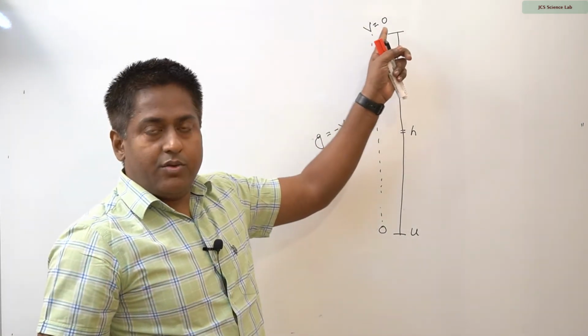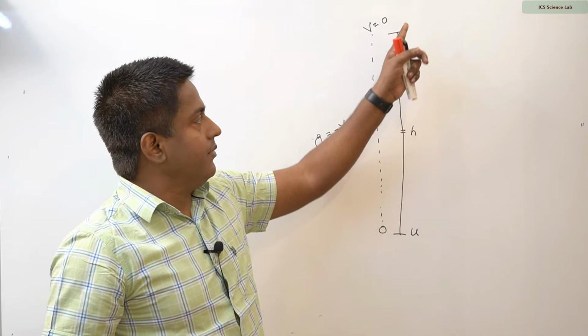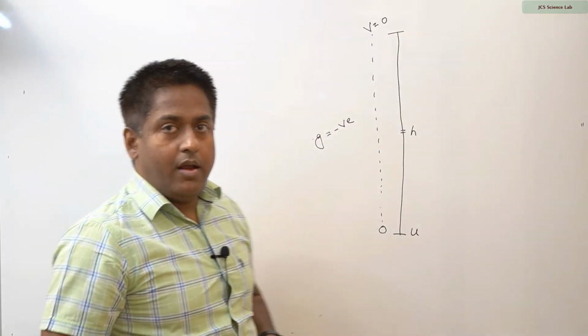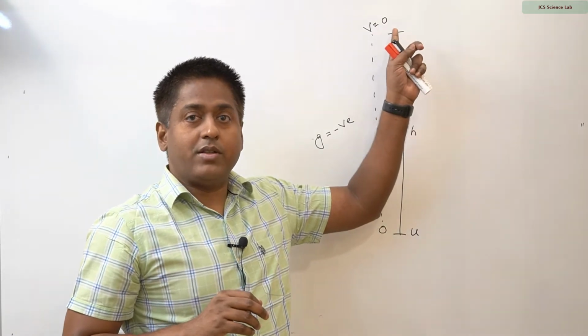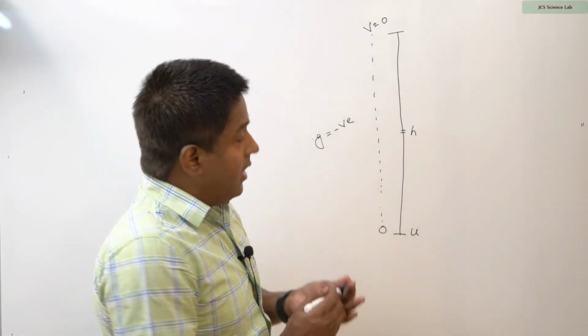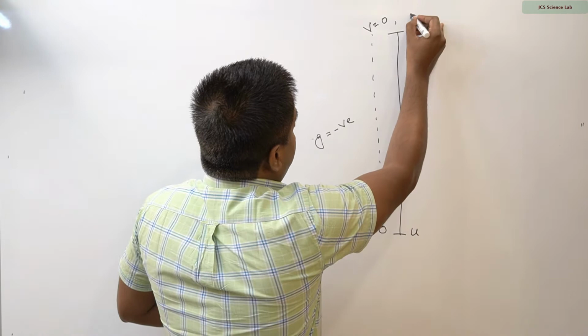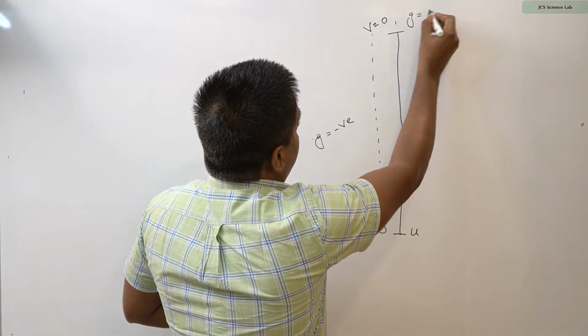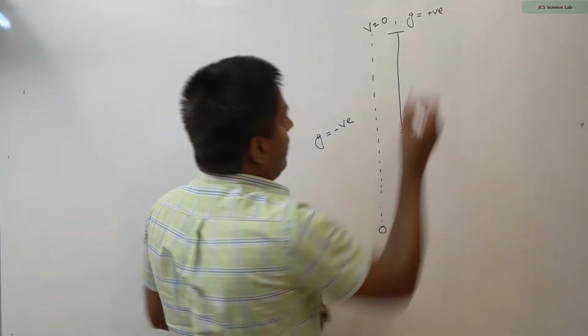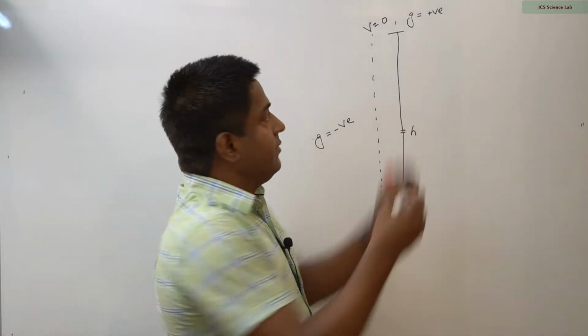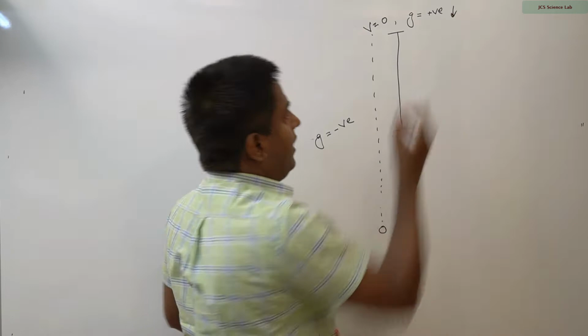When the object reaches the highest point, then it's a very important question. What is the acceleration at the highest point and what is the direction of acceleration? Acceleration at the highest point is still positive, non-zero, and in the downward direction.